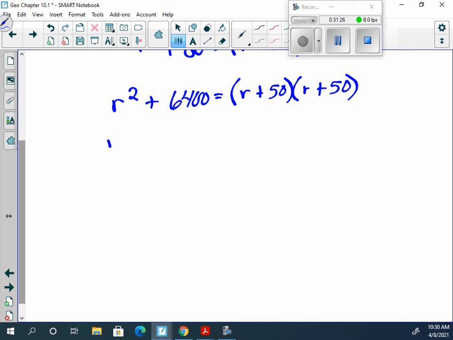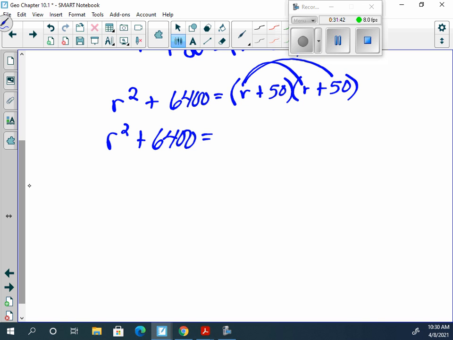Now, the one side here, r squared plus 6,400, that's not going to change for now. We're going to leave it alone for now. Our other side, we do have to distribute, going back to algebra 1, multiplying through.